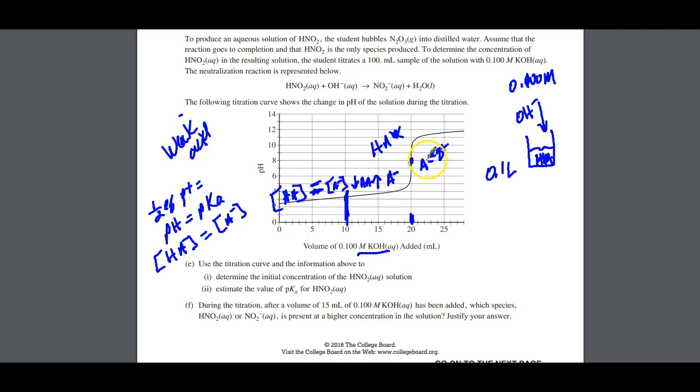That's all that's floating around, because all of your OHs have matched up with all of your H pluses and made water. So that's why we say, remember, this is like our salt. That's why at the equivalence point, the salt determines your pH, because that's what you have left in your beaker, A minus.